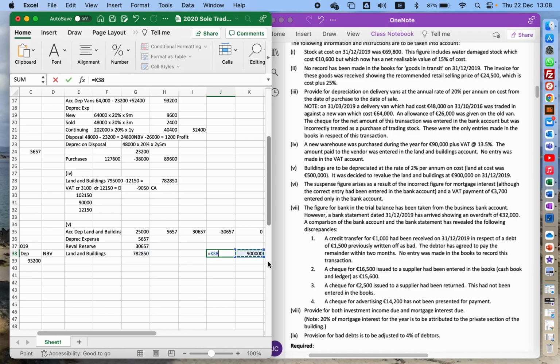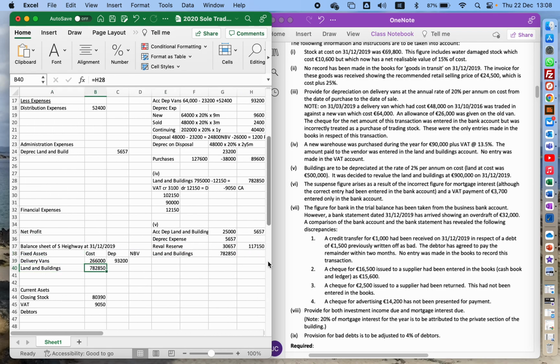So equals 900 minus the figure I already had, so 117,150. So those two numbers together are going to be put into my revaluation reserve. So my revaluation reserve now is going to be the 30, that's the cancelled depreciation, plus how much I've increased my land and buildings by, so 147.